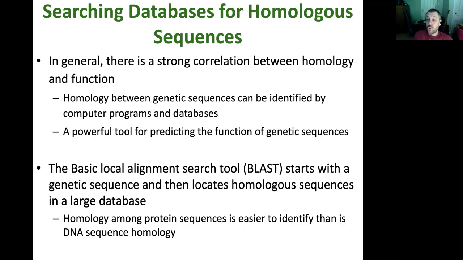There's a very famous tool called a BLAST tool, which stands for Basic Local Alignment Search Tool, which basically allows you to upload any DNA sequence you want and compare it to every other DNA sequence that has ever been discovered. And if it's similar to one of those sequences, it'll tell you.